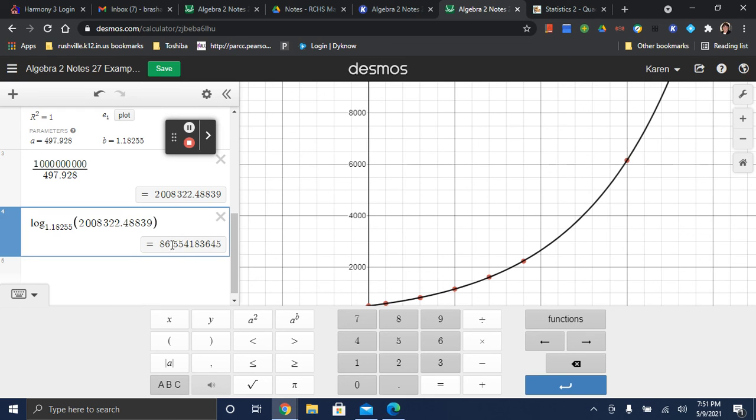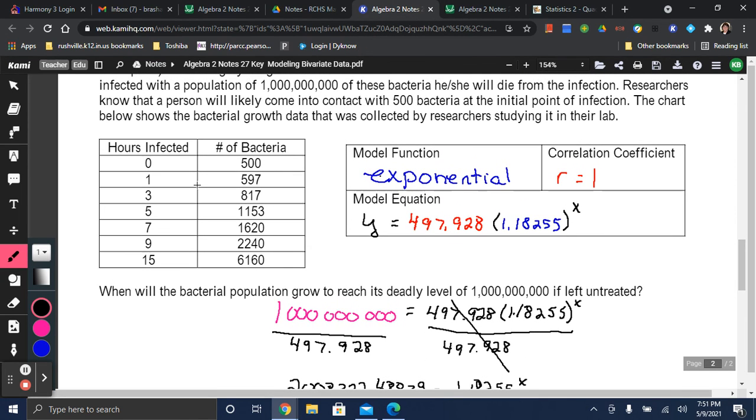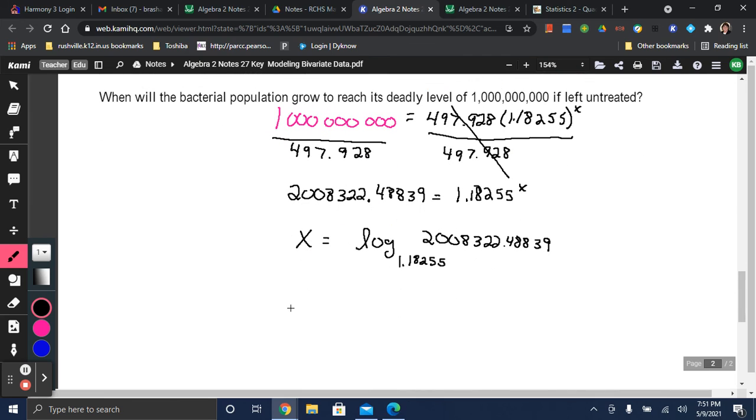And so 86.5. Let's look and see what kind of units that is. These are measured in hours. So that's actually kind of amazing. 86.5 hours. If you think about a 24-hour day, that is less than 4 days that it would take to grow to that deadly level.